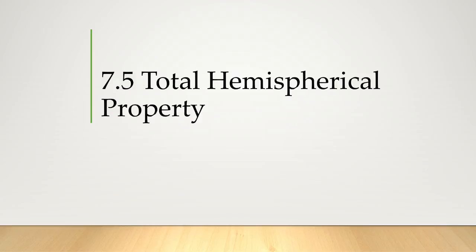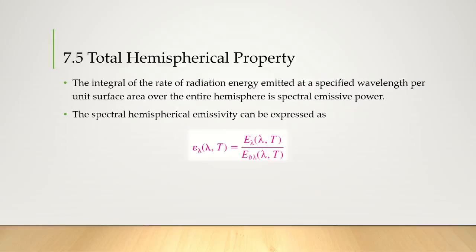For the next subtopic, which is 7.5, total hemispherical property, the integral of the rate of radiation energy emitted at a specified wavelength per unit surface area over the entire hemisphere is the spectral emissive power.